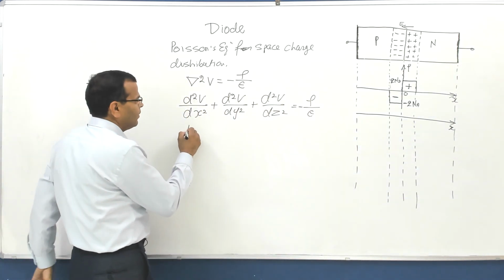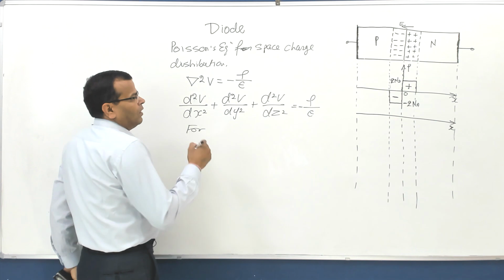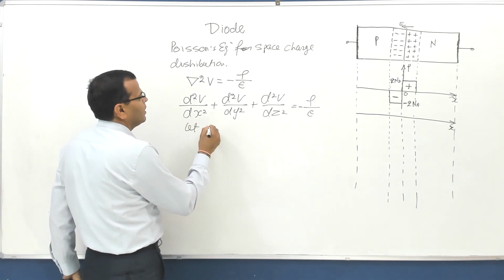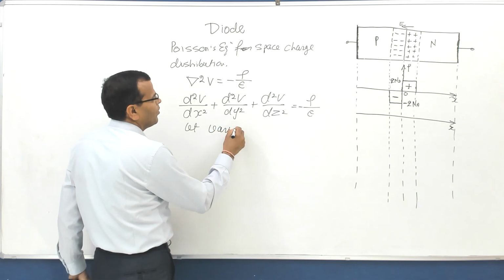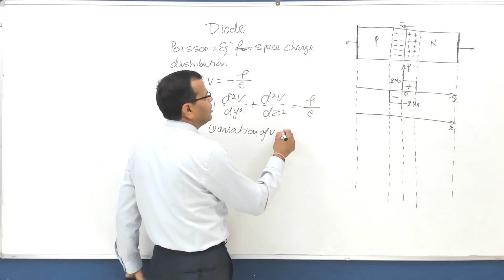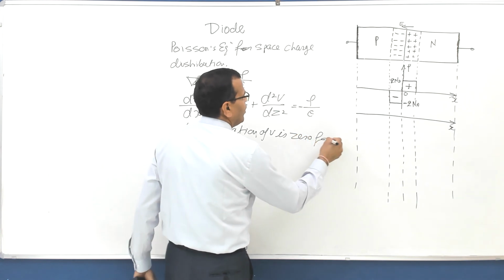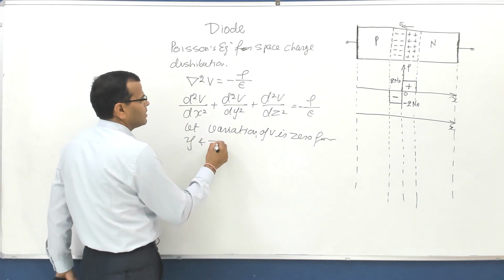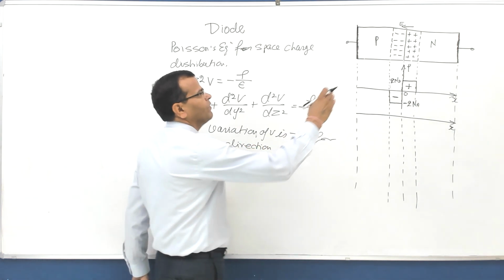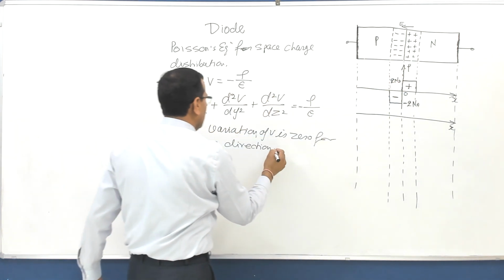So we'll be assuming the variation of V is 0 for y and z directions. Why? Because we are just assuming that charge is varying only in the x direction.